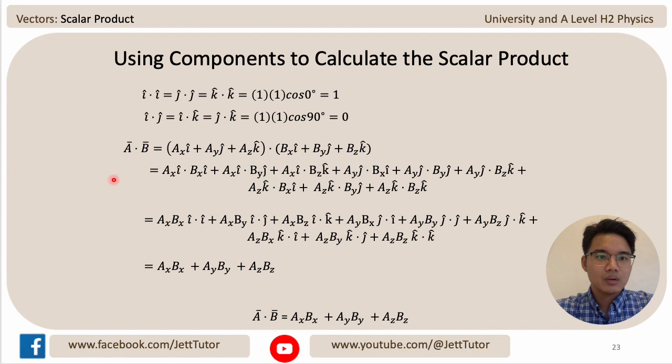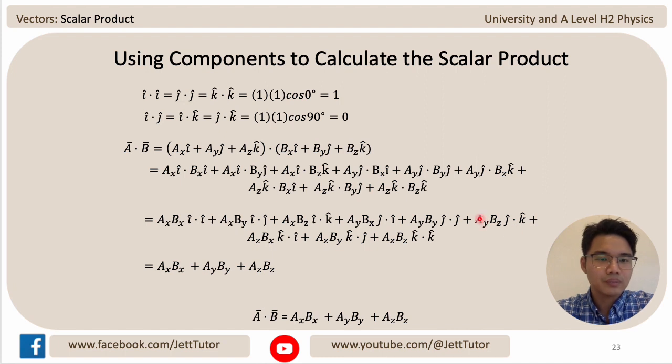Now, given this knowledge, let's make A dot B in general form. Vector A is Ax plus Ay plus Az dotted with Bx plus By plus Bz. When you expand all the components, we will see ij, ik, ji, jk.